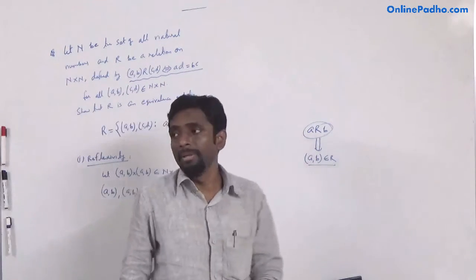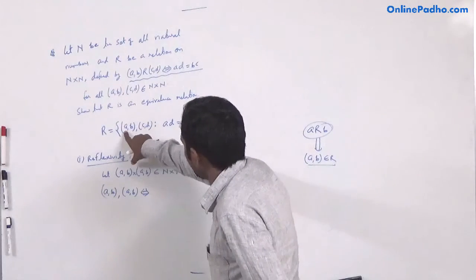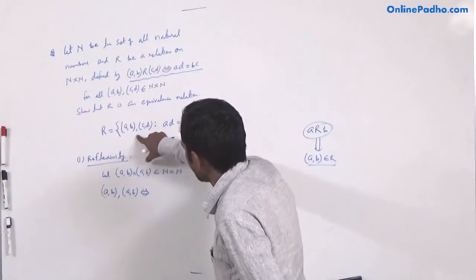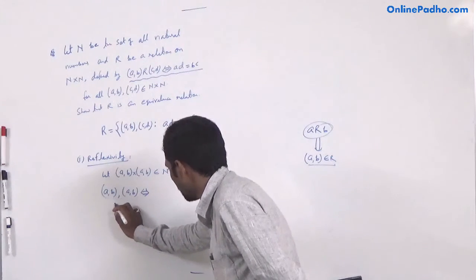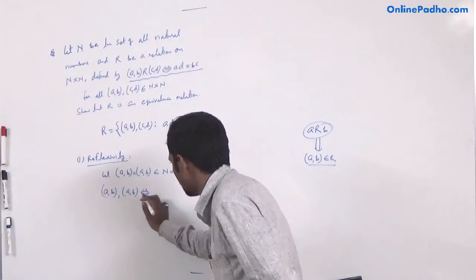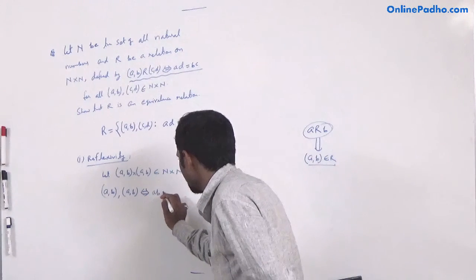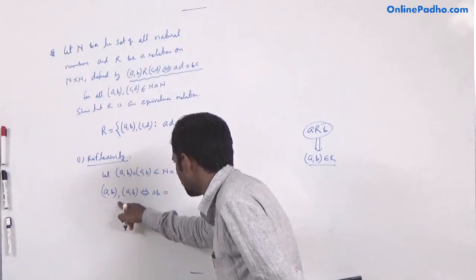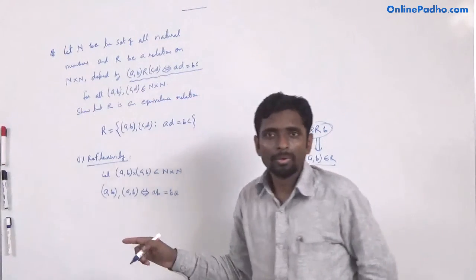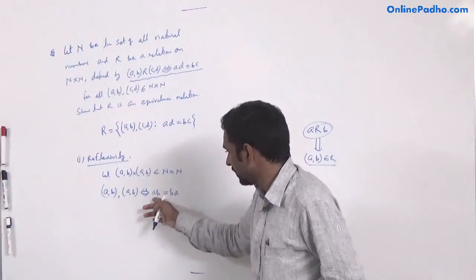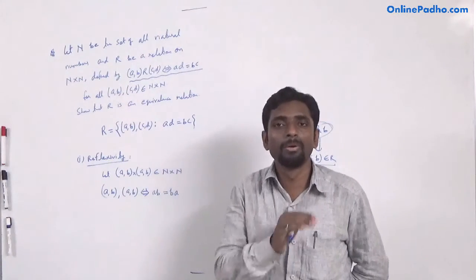What do we mean by (a,b) R (a,b)? First multiplied by last, that is ab, is equal to second multiplied by third, that is again ba. Now you know commutative law is applicable in the product, so ab must be equal to ba here.